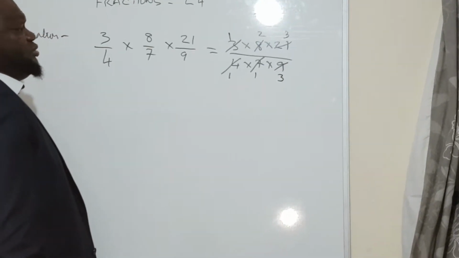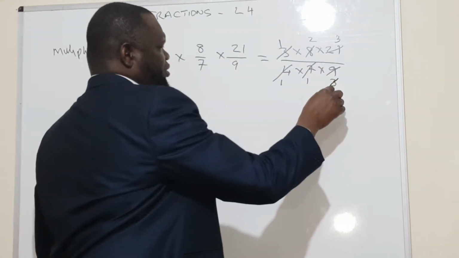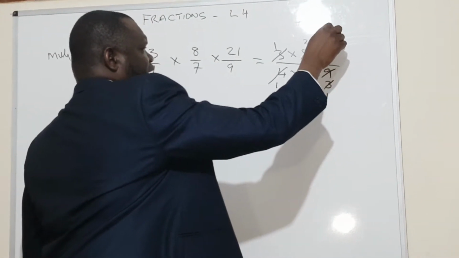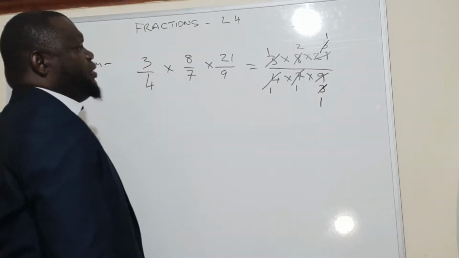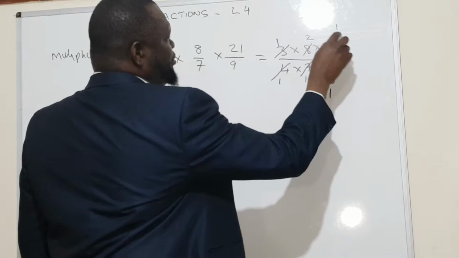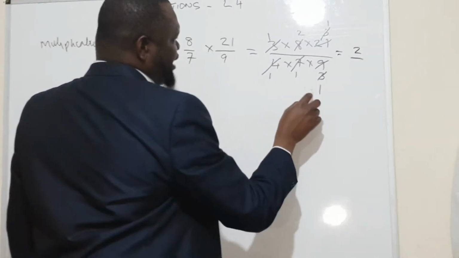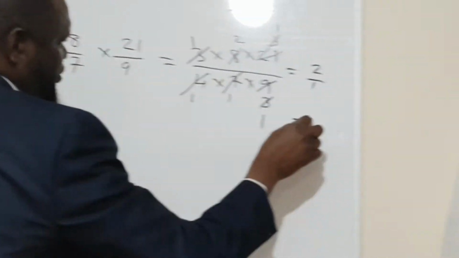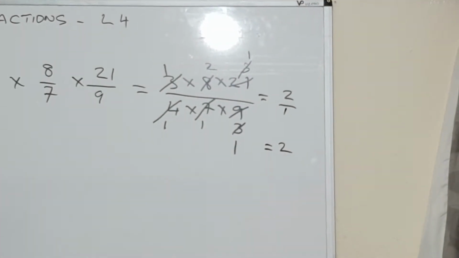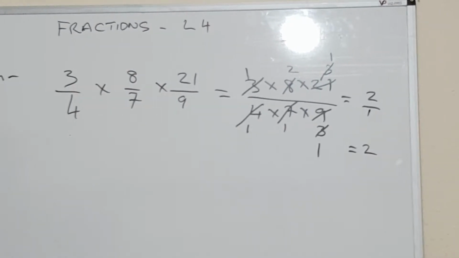So what is left? 3 on the bottom can go into 3, 1. Now, what are we left with? At the top, we are left with 2 times 2 times 1, that is 2. Down, we are left with 1, and that is your answer, equal to 2.